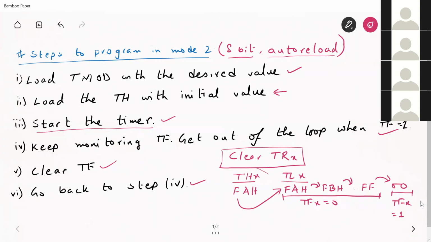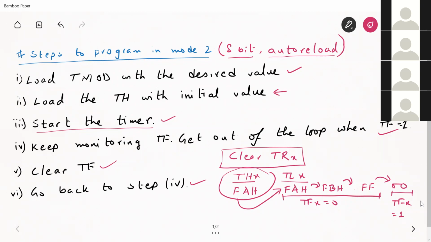So you see, you are not touching TH. TH always stores the initial value. It is not affected. Whenever you start the timer, the value from TL starts counting. Whenever the timer operation is finished, your TF becomes 1. In that case, TL again gets a copy of what is there in TH. So you clear the TF, you get back to step 4, you start the timer. When you start the timer, it again starts rolling.